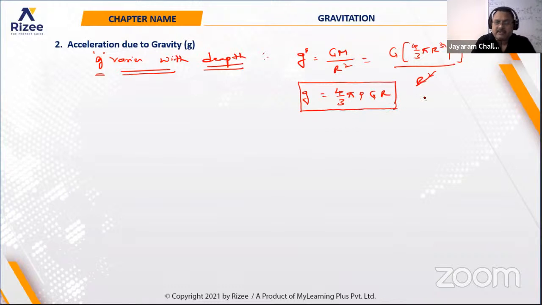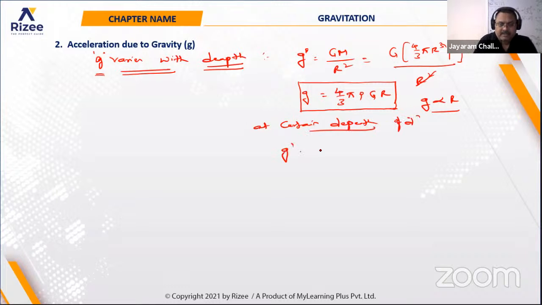So in this case, you can say that G is proportional to R. Since G is proportional to R, now at a certain depth of d, G dash can be written as 4 by 3 pi rho G into R minus d.